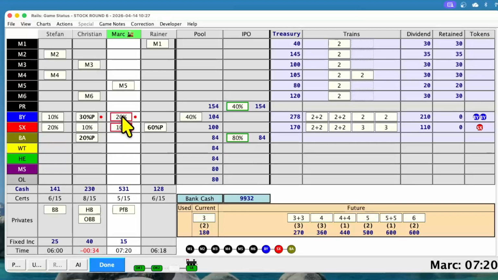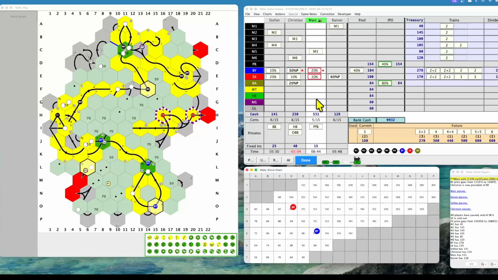This indicates that Christian has automatically become the president of the Bavaria. In this instant, this is not very clever because the Bavaria is a very good company. However, if the company should have, for example, no trains and no cash, this could become a lethal weapon.